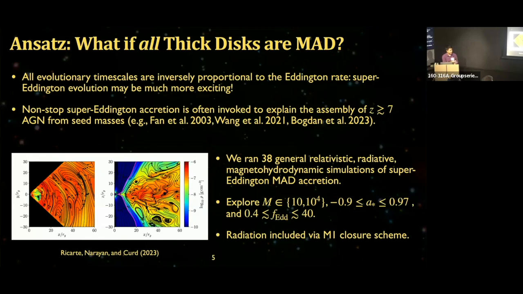And in fact, we go down to an Eddington ratio of 0.4 and still see evidence of this spin down effect, which is to say that even if your simulation doesn't actually have super Eddington growth, for black holes that are approaching Eddington, this may also be interesting to you. Each of these is simulating a π/2 wedge in azimuth just to save computational time. And we know that they're MAD when they've saturated in their magnetic flux parameter. And oftentimes we'll see again these cavities caused by a magnetic flux eruption event.